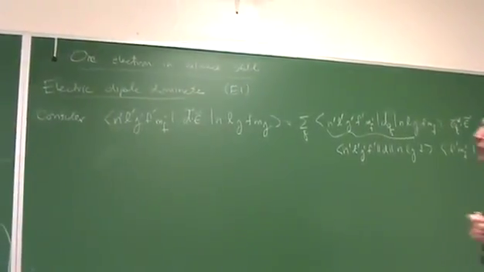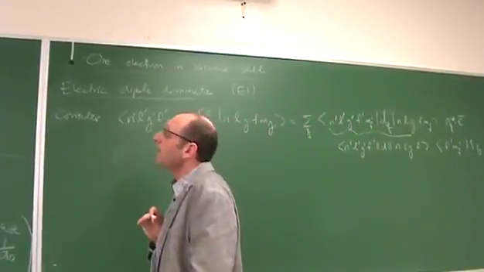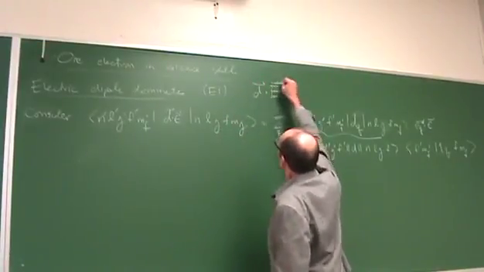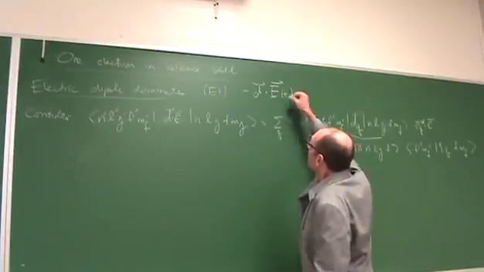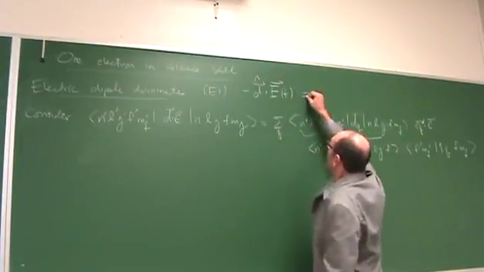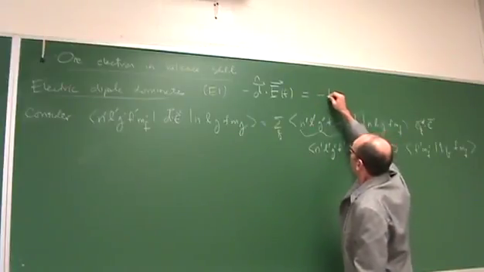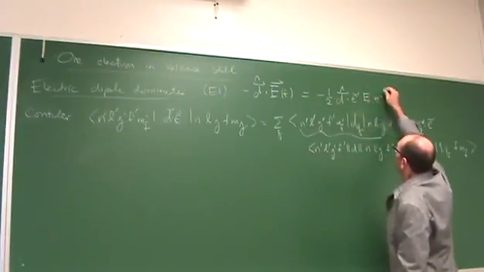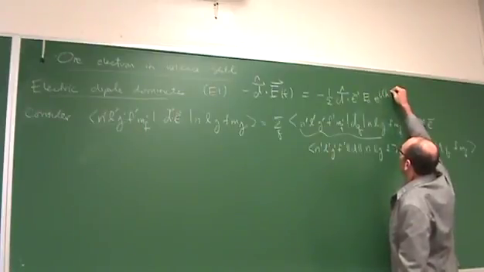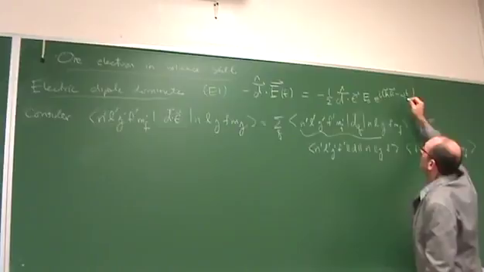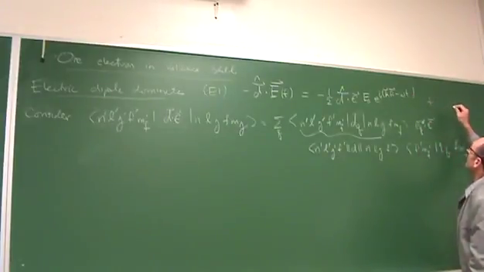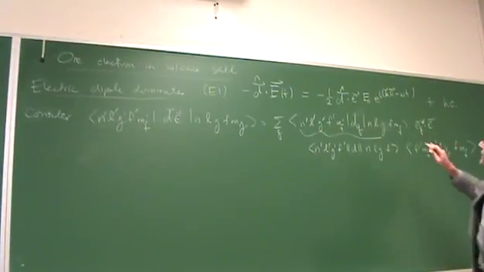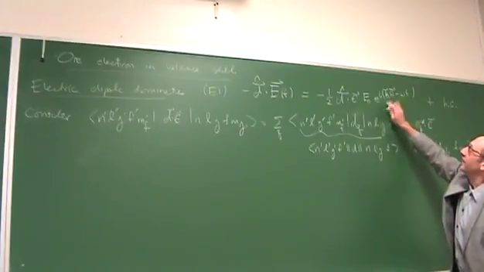And so that interaction Hamiltonian would involve the interaction between the local electric field and the dipole moment, which I might write as, writing the plane wave as one half of this plus its complex conjugate.